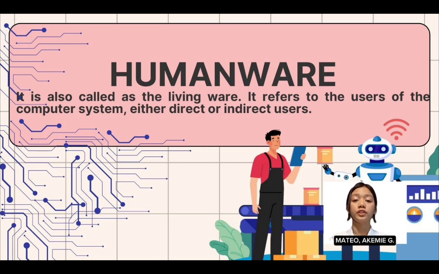Humanware involves considering the human factors that affect the design, use, and impact of technology. The term humanware was coined to emphasize the importance of considering human factors in technology development, alongside hardware and software.